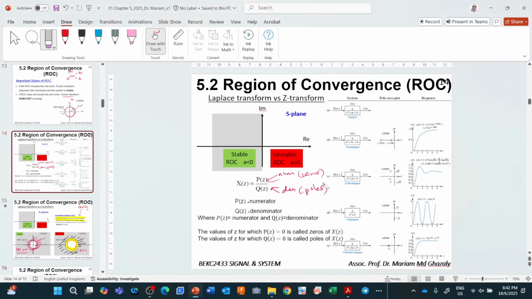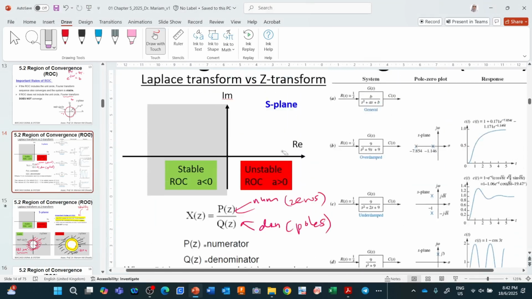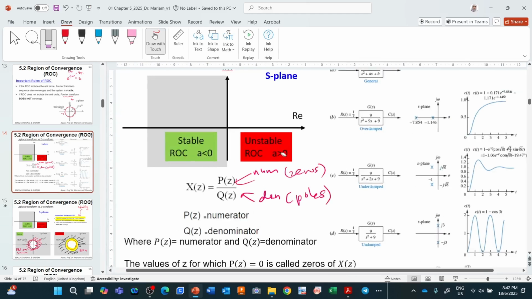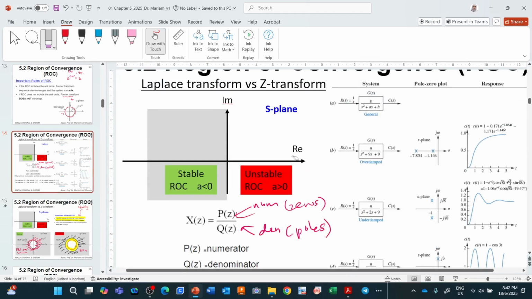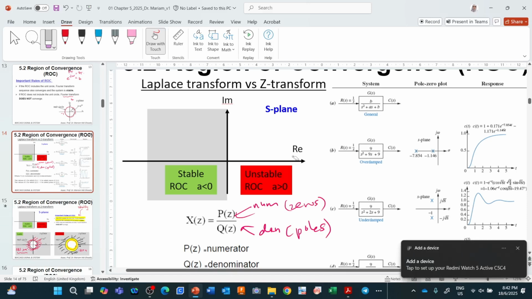This one is just to recap again what you have learned in the control subject or in Laplace. I believe you took Laplace in Engineering Maths 1, 2, differential equation. You have that, right?